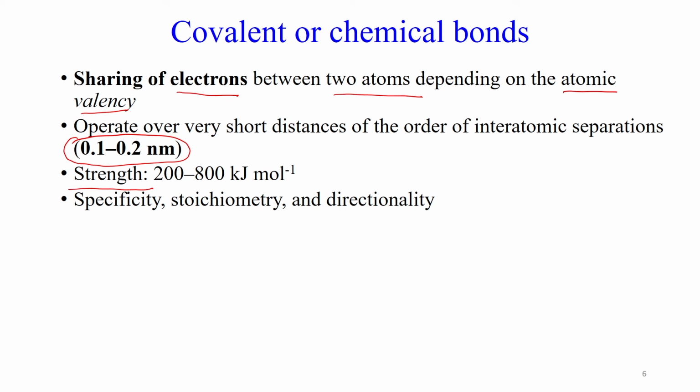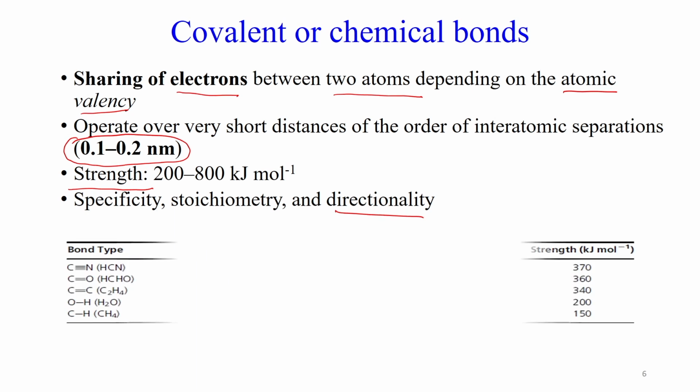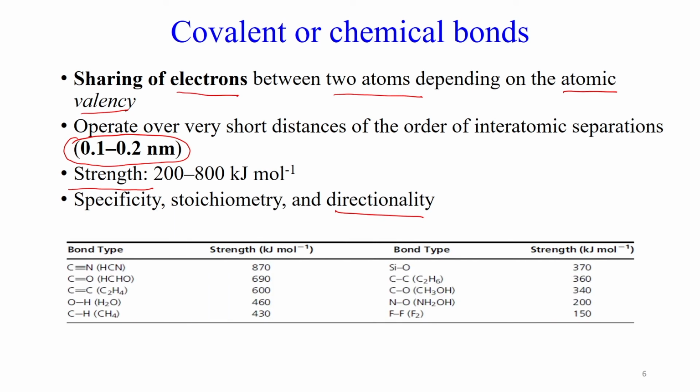So, it may be a single covalent bond, double bond or triple bond, and of course, when it is bonded, it is going to control the directionality after the bonding. I have listed a few examples of this.